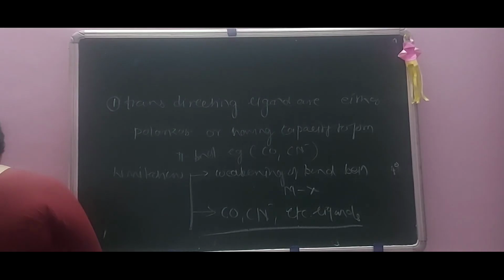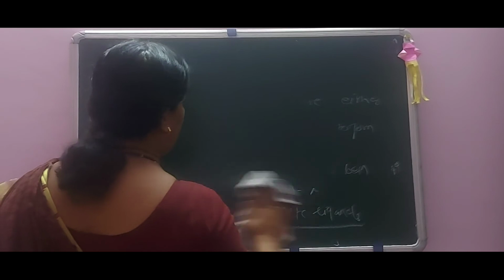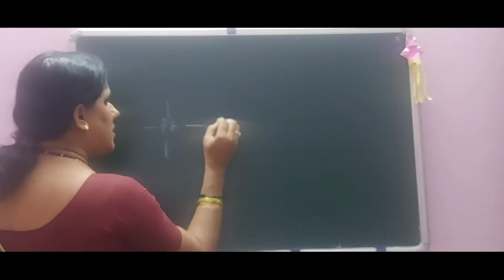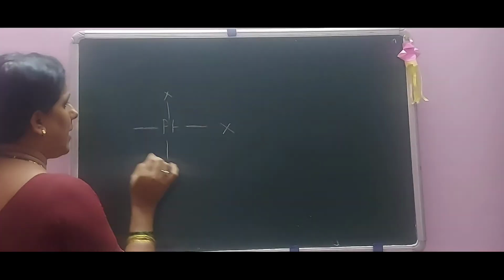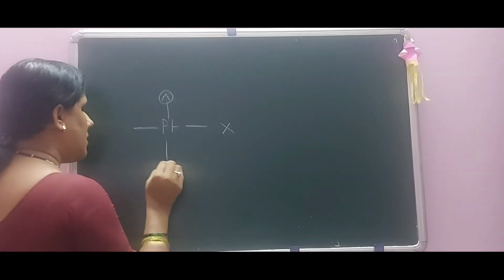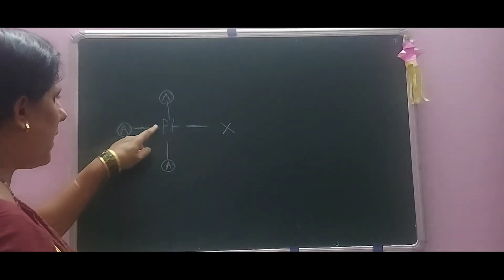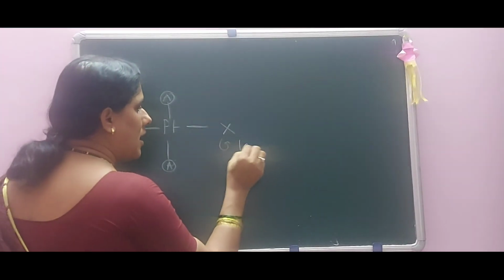Now, how can platinum use back bonding here? First of all, this point remains. This is the platinum, these are the square planar complexes. This is X, sorry, this is A, and this is also A. Now, in the platinum square planar complexes, this is called the leaving group.